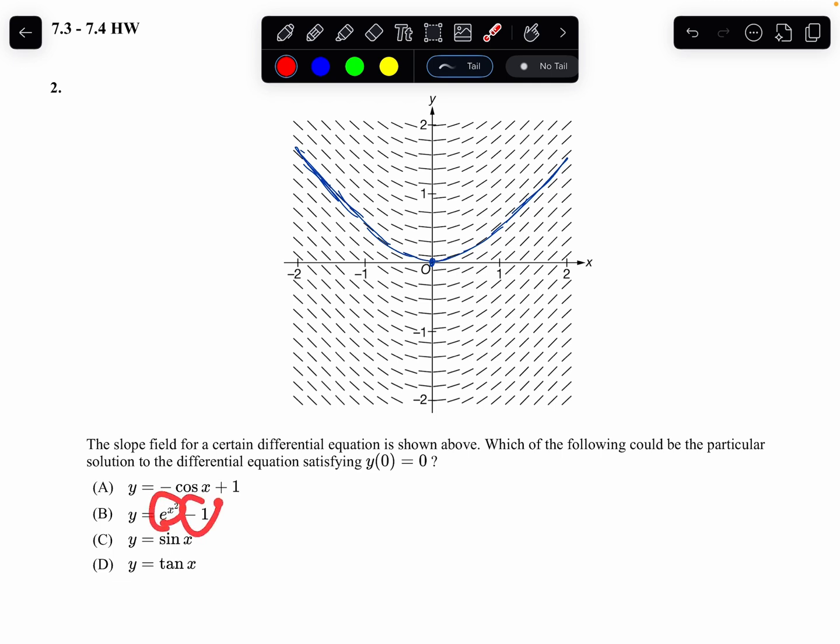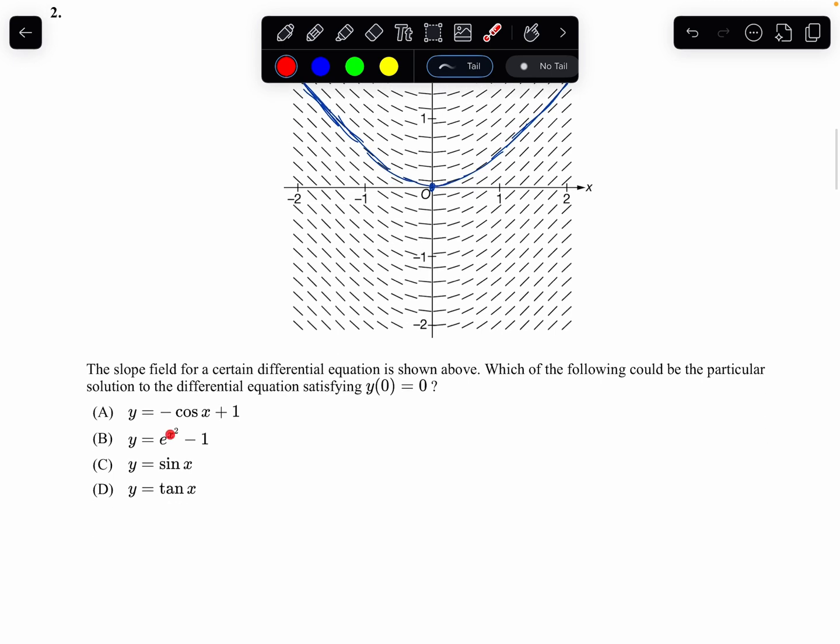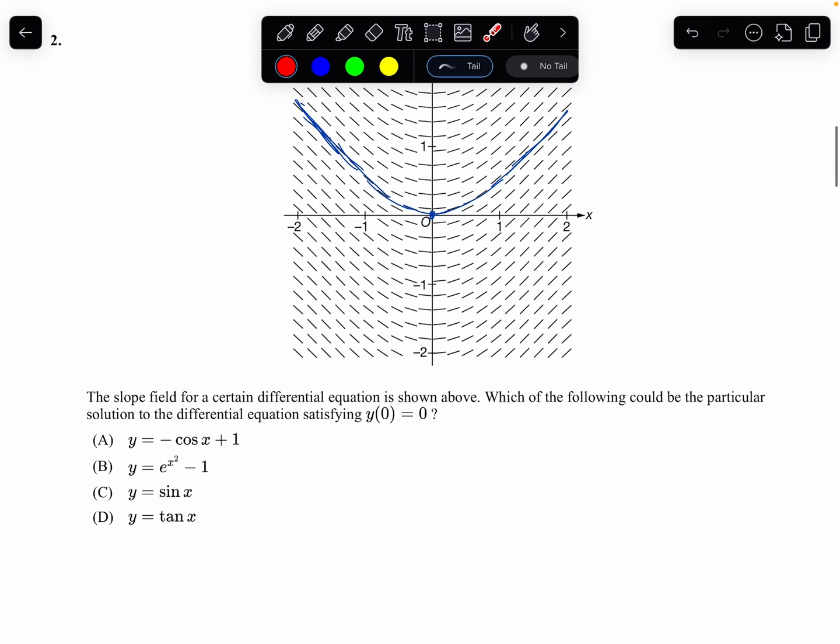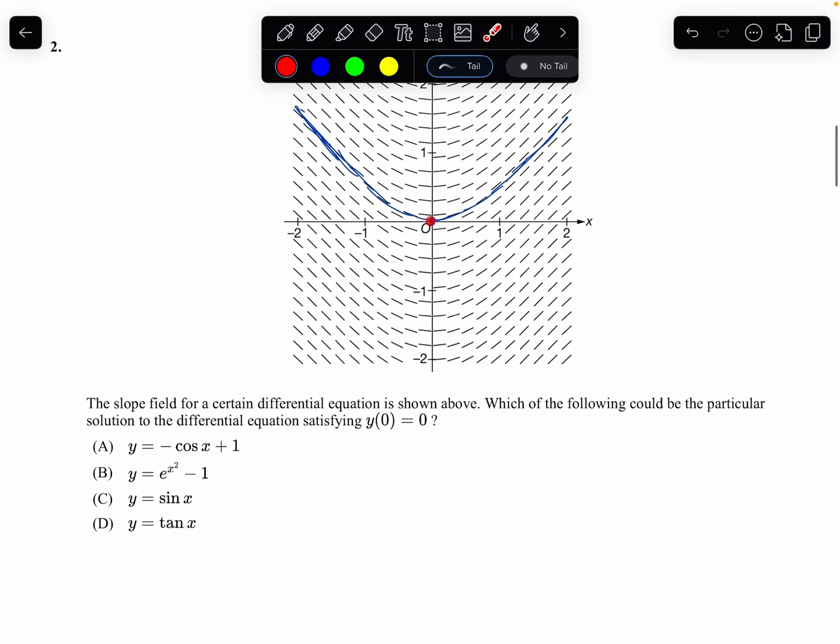e to the x squared minus 1. So if x is 0, the whole thing's going to be 0. Still satisfies our initial condition. I have no idea what e to the x squared minus 1 looks like, I'm going to be honest. Let's say I plug in 2.